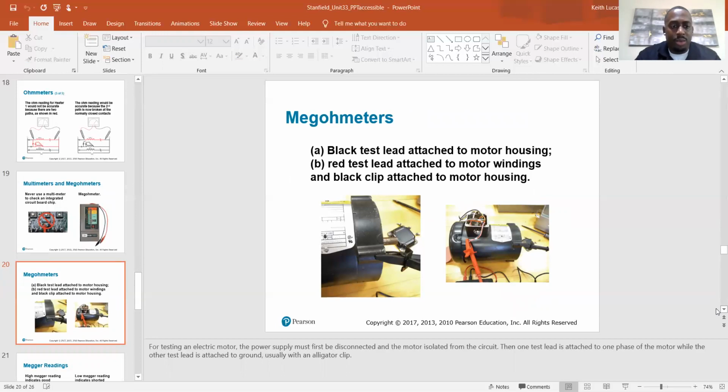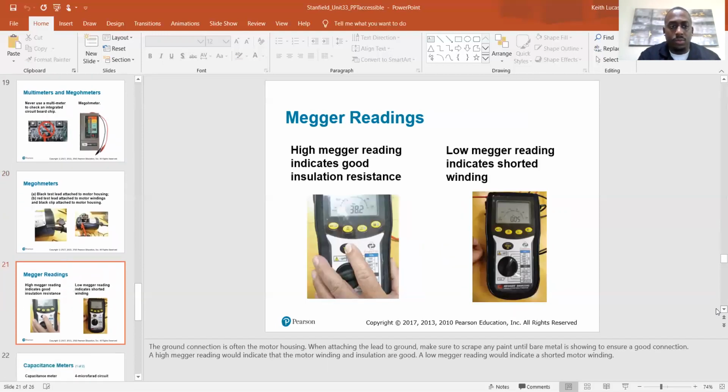Meggers. For testing an electric motor, the power supply must first be disconnected and the motor isolated from the circuit. Then one test lead is attached to one phase of the motor, while the other test lead is attached to ground, usually with an alligator clip. The ground connection is often the motor housing.